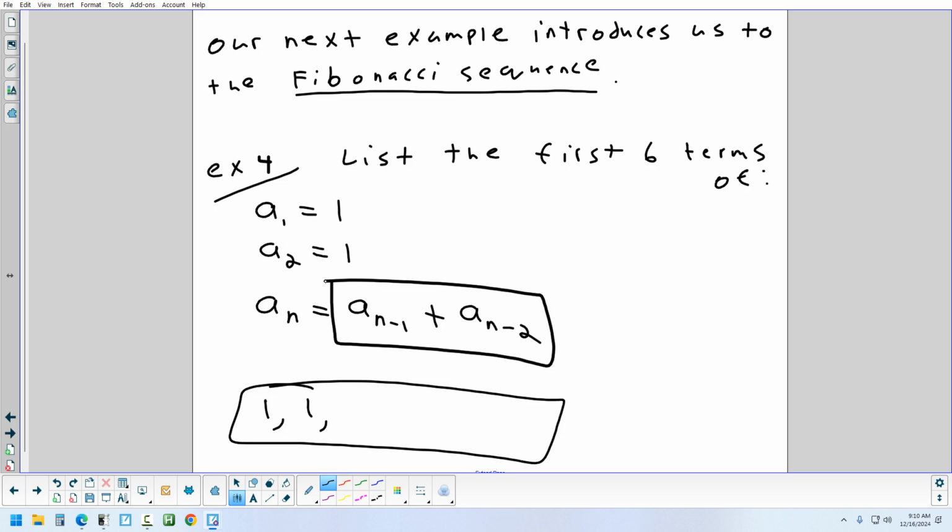Because it depends on 2 previous terms, I need to start you off with the first 2. So let's see if we can figure out the formula for the third term. So if that's a 3, what do you think would be over here for the calculation for the third term?